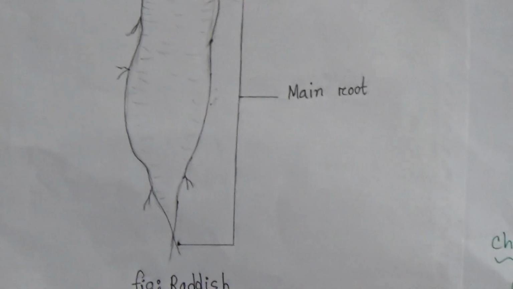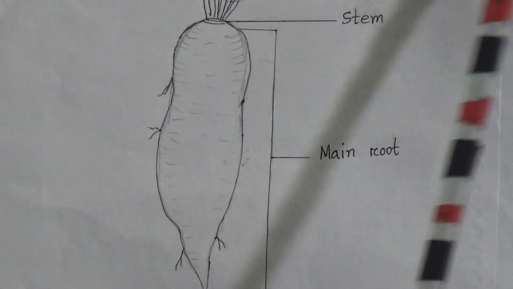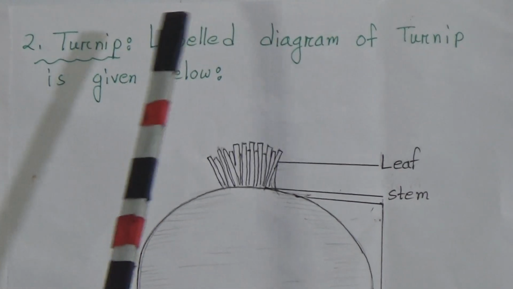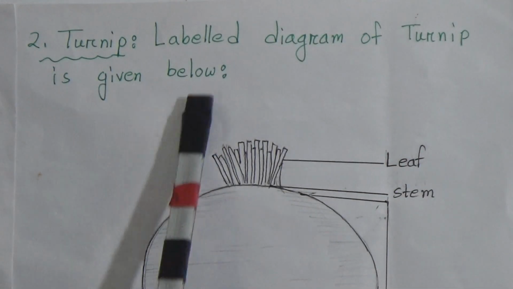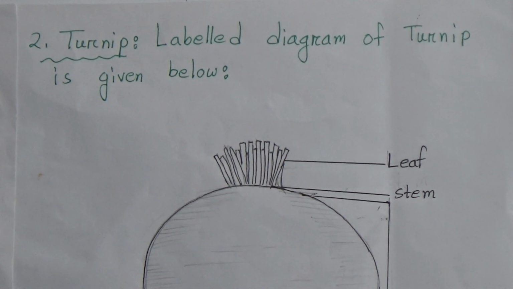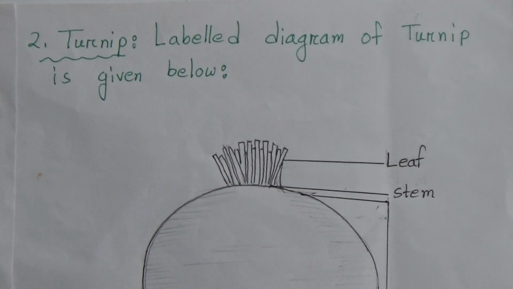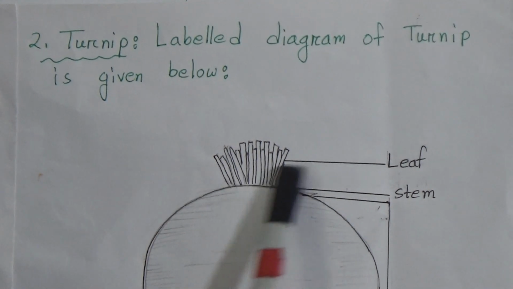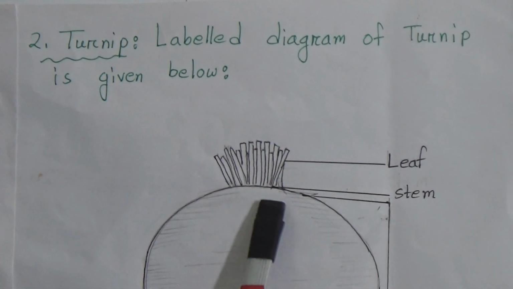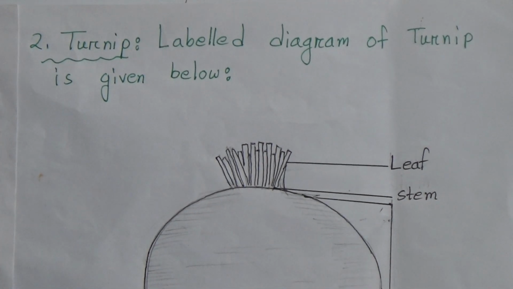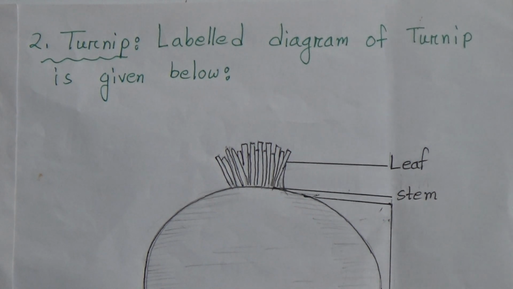And look at here, this is number 2, turnip. Label diagram of turnip is given below, and I have drawn here a turnip figure, and I have also labeled here. Here is leaf, here is short stem, and whole thing is main root. This is also a modified main root.